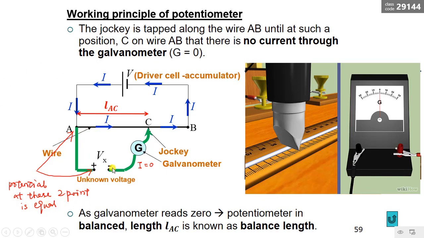That's why kita boleh kata, same go for the point here, terminal negative and point C, potential dia sama. That's why kita boleh kata voltage across point A to C will be equal to the voltage of the unknown battery Vx when the galvanometer reads 0.